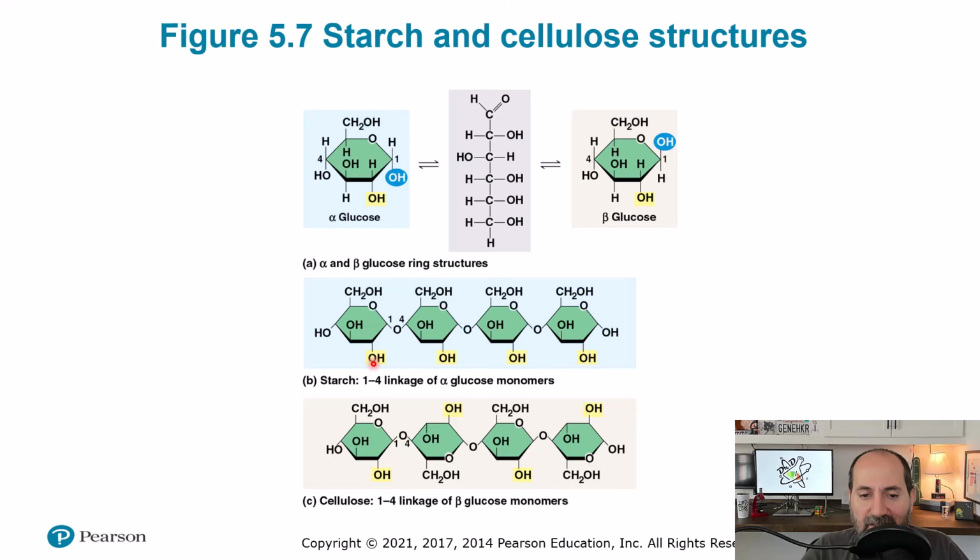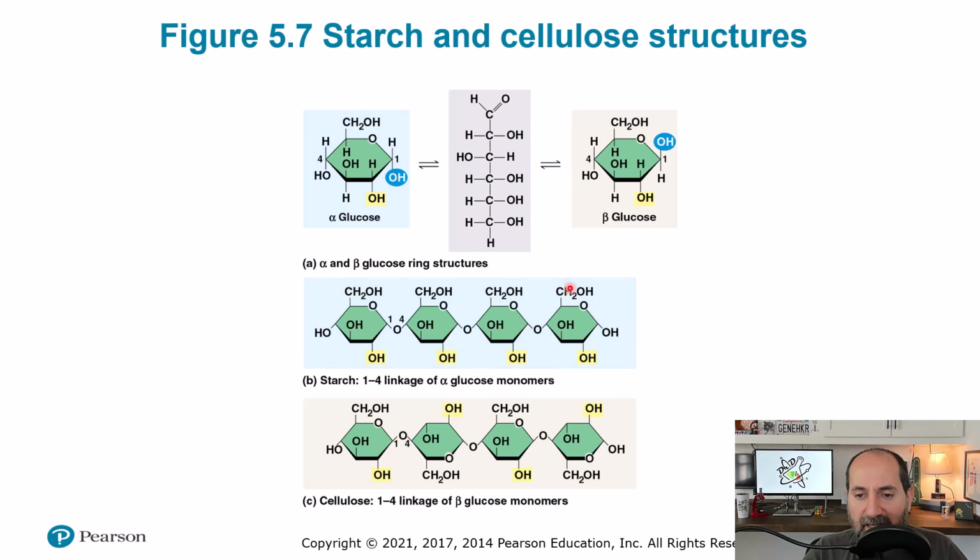With starch and glycogen, because it's the alpha glucose variant, you have all these hydroxyl groups pointing down. And your body has the enzymes necessary to cleave this glycosidic bond, right? To hydrolyze this glycosidic bond and this bond and this bond, right?